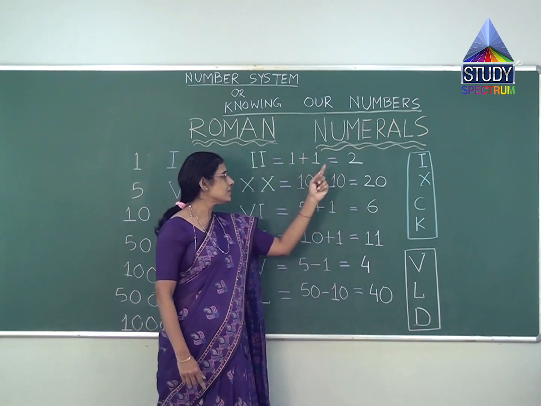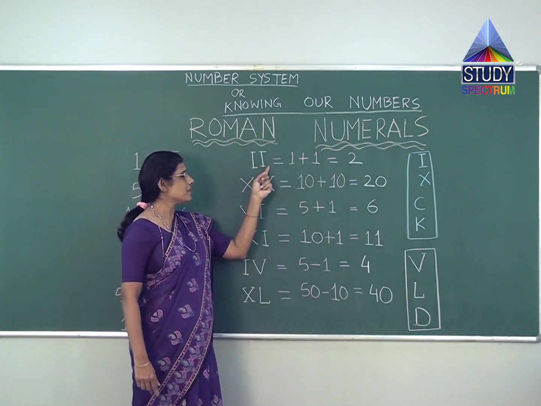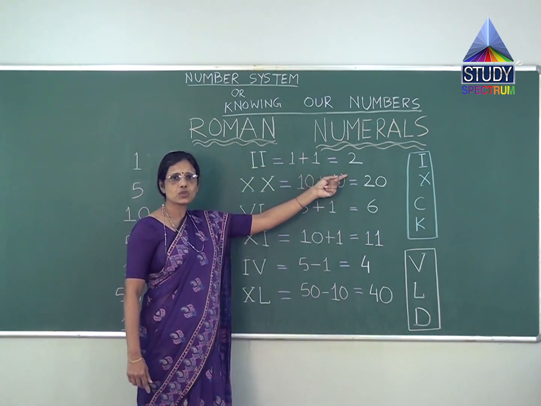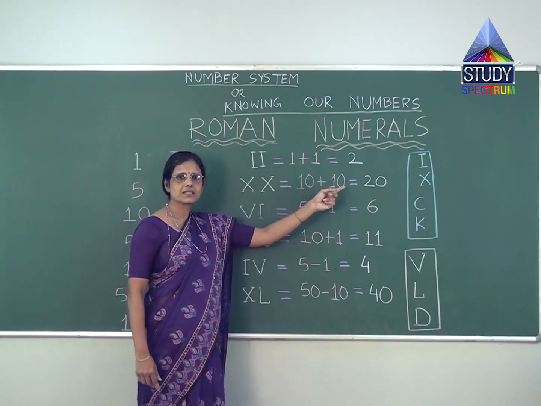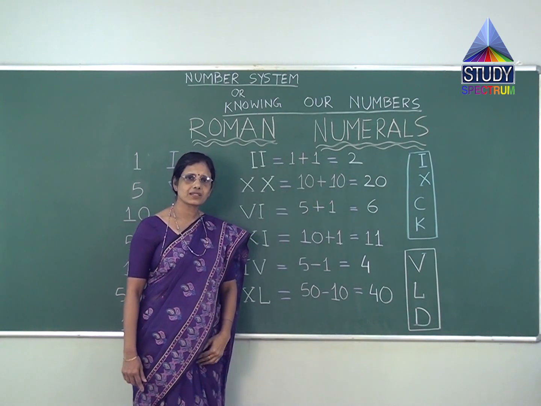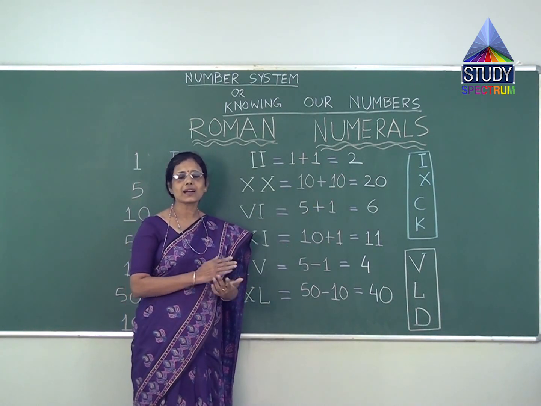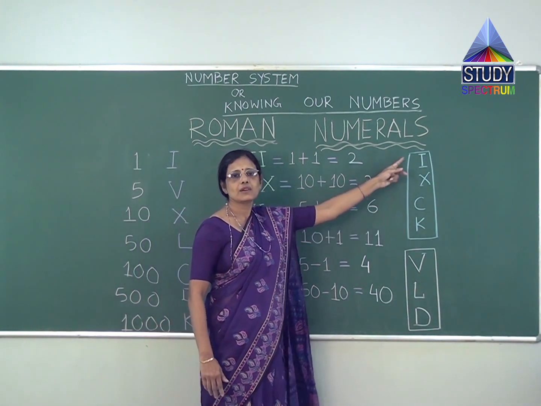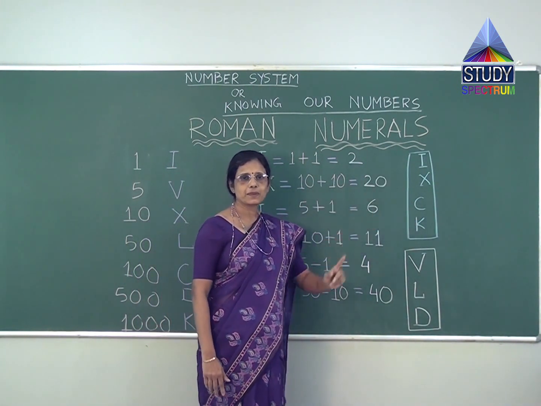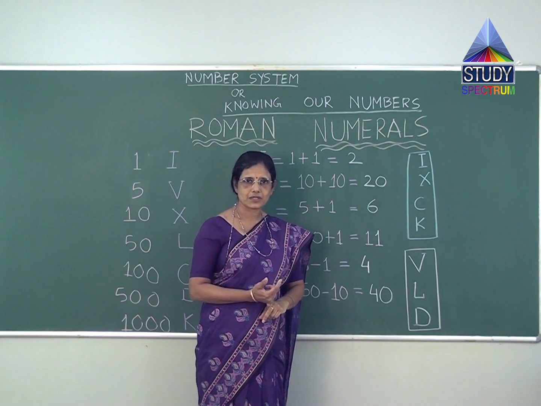It means if I write 2, I and I, 1 plus 1, 2. So for 3, I means 1 plus 1 plus 1. So I will get 3. But for 4, I can't write IIII, because I told any Roman numeral can be repeated maximum 3 times.